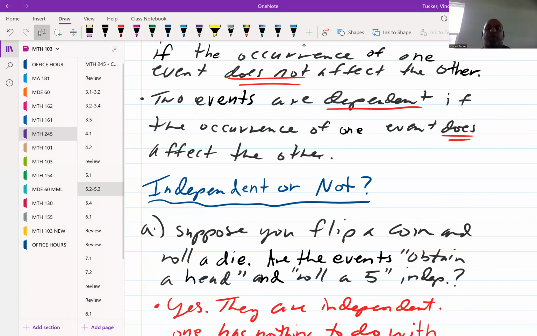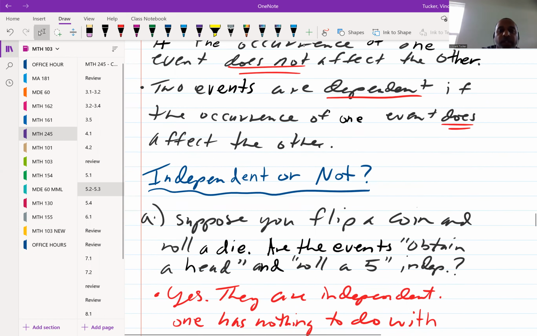So it says, suppose you flip a coin and roll a die. Are the events obtain a head or roll a 5 independent? All right.